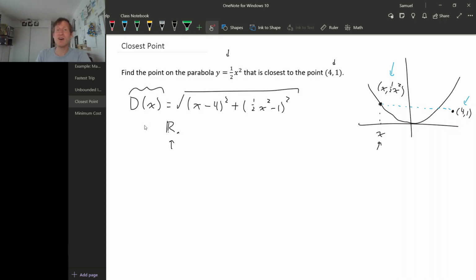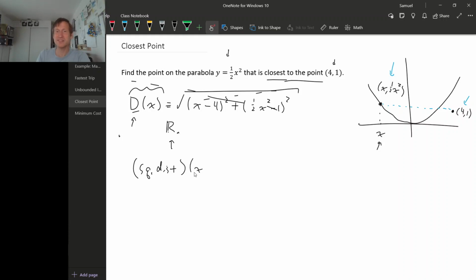So rather than finding the minimum distance, which is what we would need to do to find the closest point, well, instead we could find the minimum square distance. And that would be nicer because then we wouldn't have to have this square root. So instead of minimizing this function, what we can minimize is the square distance.